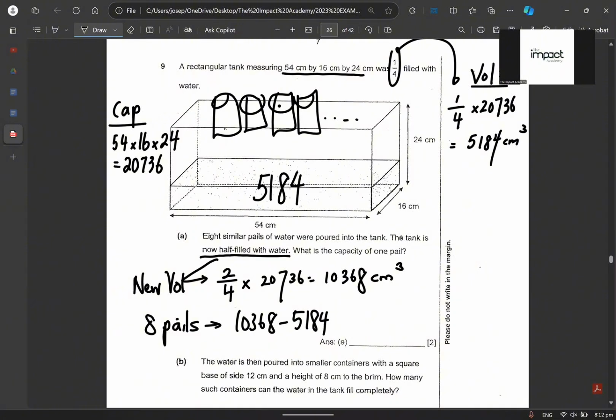Do you understand or don't understand? Very good. And you get to 5184 centimeter cube. And what are we going to do? We are going to find out our 1 pail. Am I making sense or not making sense? All right. You divide by 8, you get to 648 centimeter cube. And that is the reason why your answer for this question has to be 648.